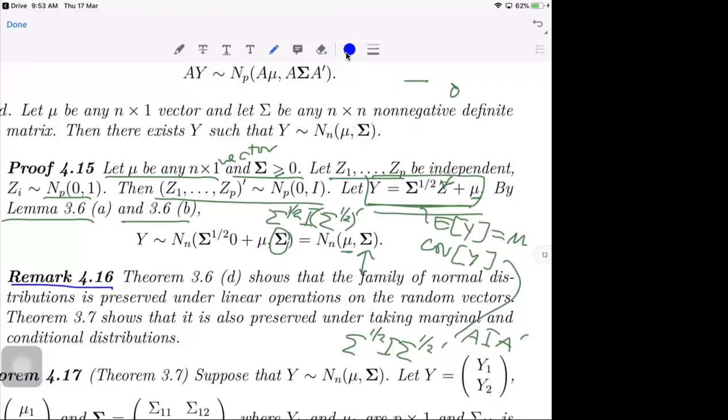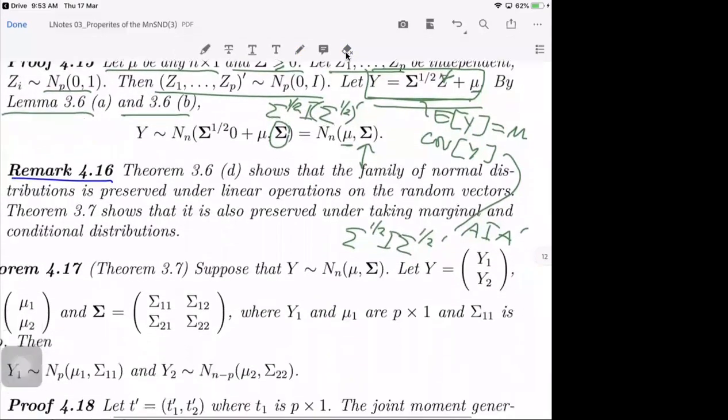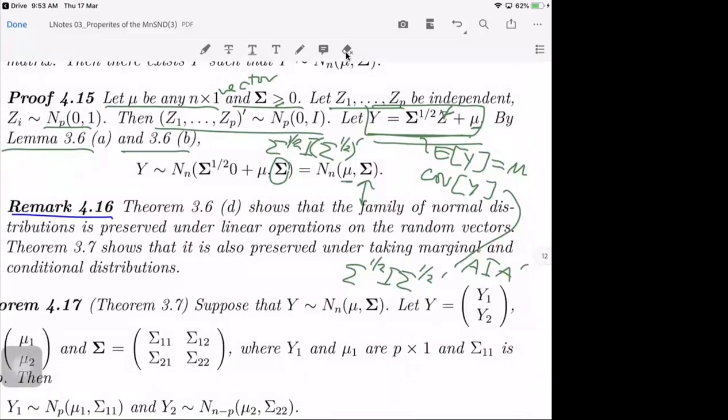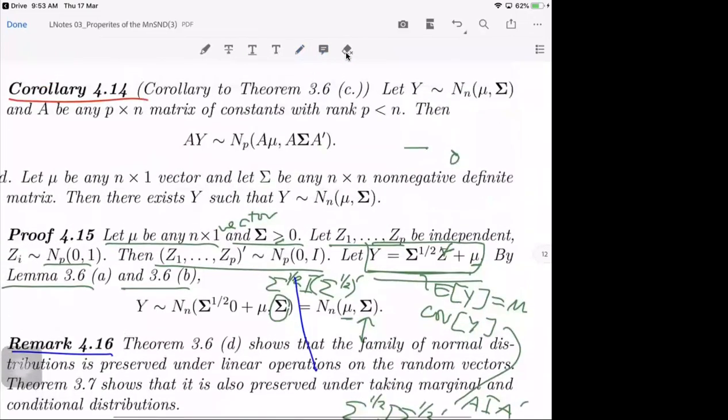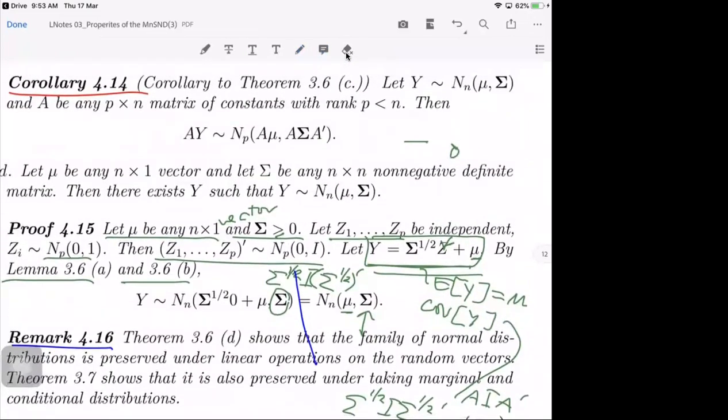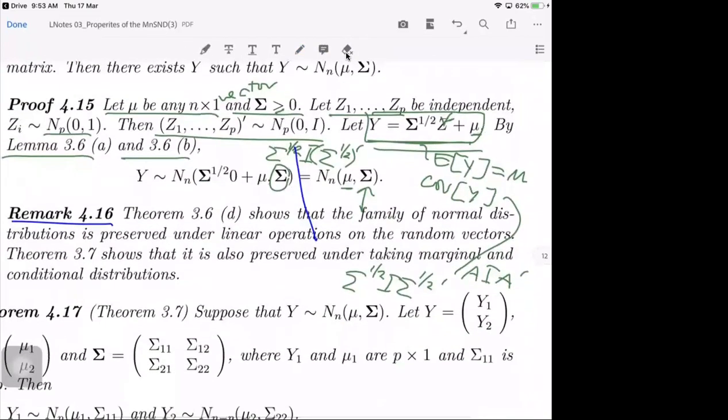So let us look at this remark. So we see in theorem 3.6, the theorem shows that the family of normal distributions is preserved. No? The family of normal distributions is preserved under linear operation.